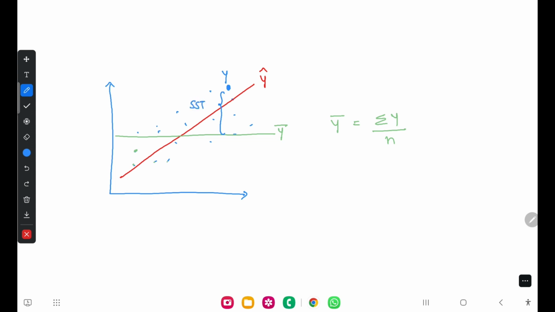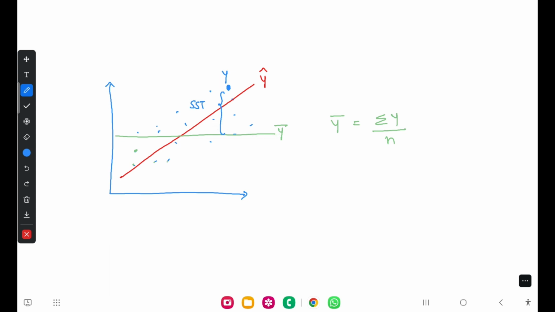That means the variation from the mean value y bar is what's denoted by this blue color. The actual value y has moved beyond this y bar value by this SST.